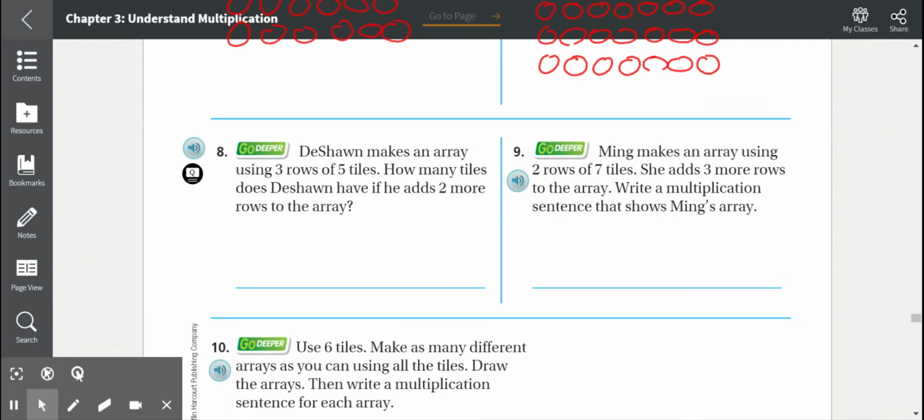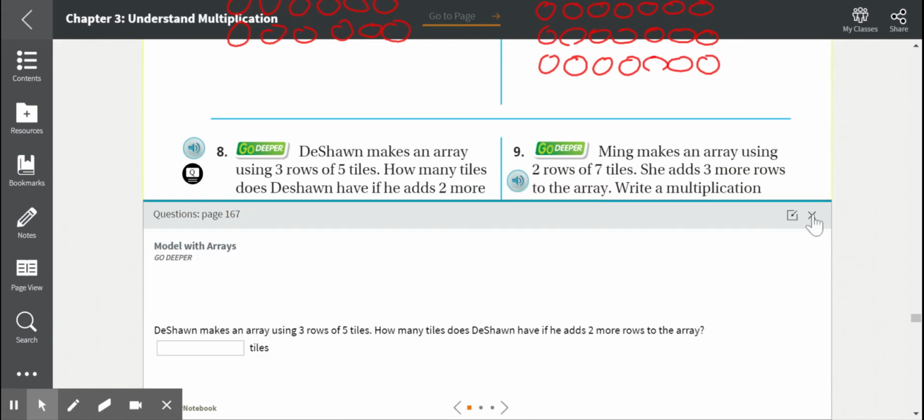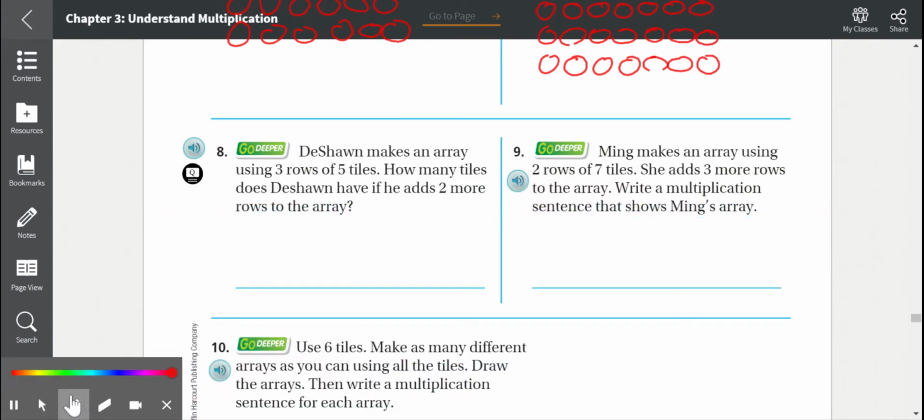Okay, let's do number 8. Deshaun makes an array using 3 rows of 5 tiles. How many tiles does Deshaun have if he adds 2 more rows to the array? Okay, let's circle what we need to know. Deshaun makes an array using 3 rows of 5.